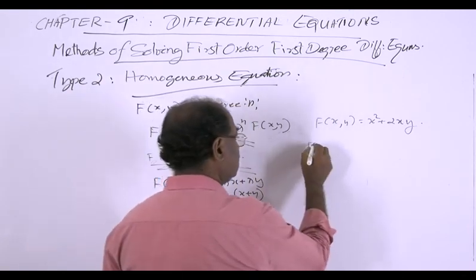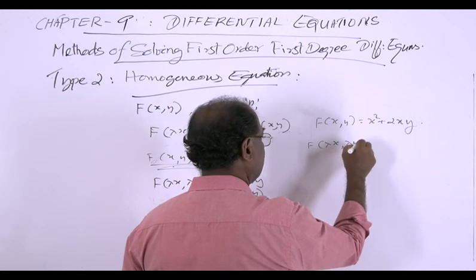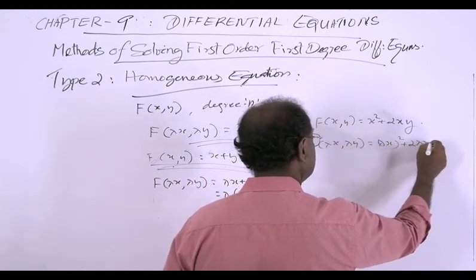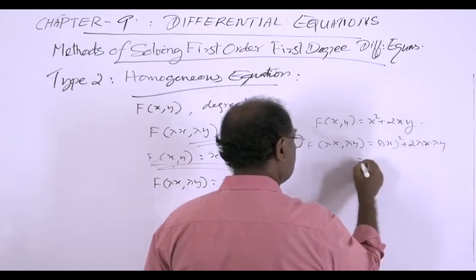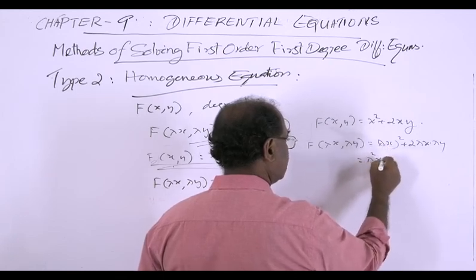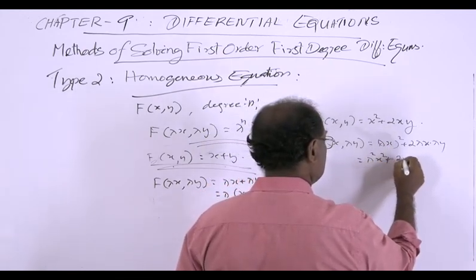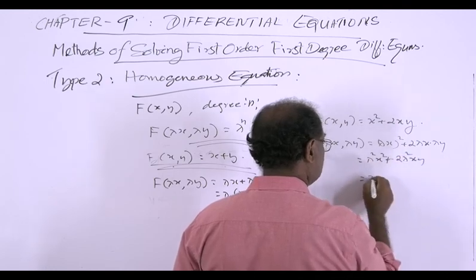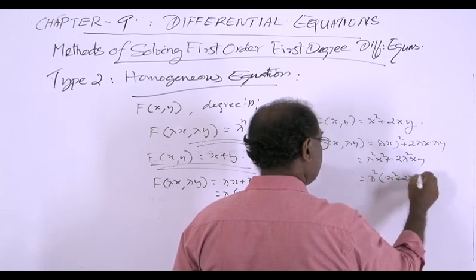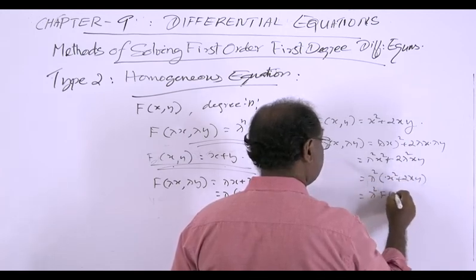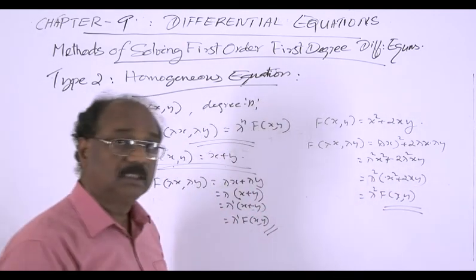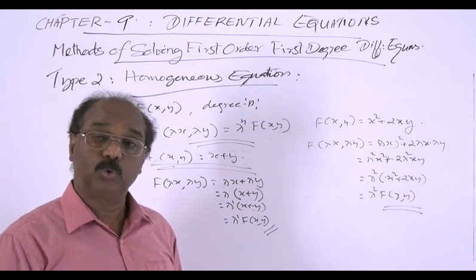Then f(λx, λy) is equal to (λx) whole squared plus 2 into λx into λy, which is λ squared x squared plus 2 λ squared xy, which is λ squared into (x squared plus 2xy), which is λ squared into f(x, y). So this is a homogeneous function of degree 2.